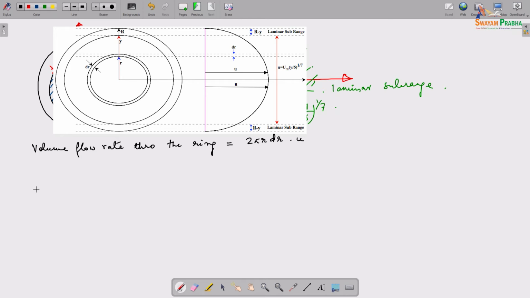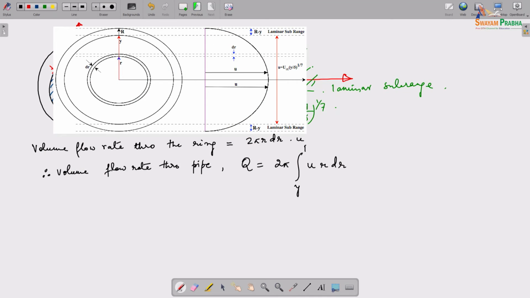So therefore, the volume flow rate through the pipe Q is the integral of u 2 pi r dr, right.